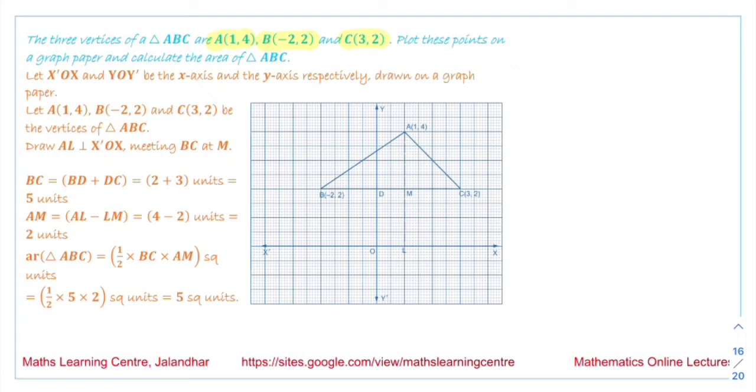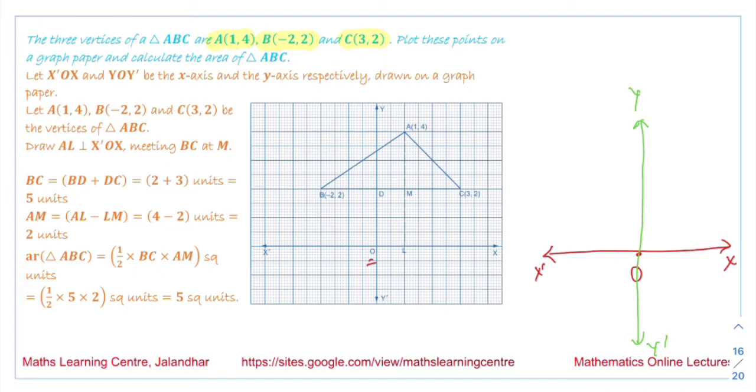When we plot these points, the first thing we do is draw the axes. There is a center over here, O, that we have marked. At this you will draw the line x and x dash. Then you will draw the perpendicular or vertical line and you will say this is y and this is y dash.